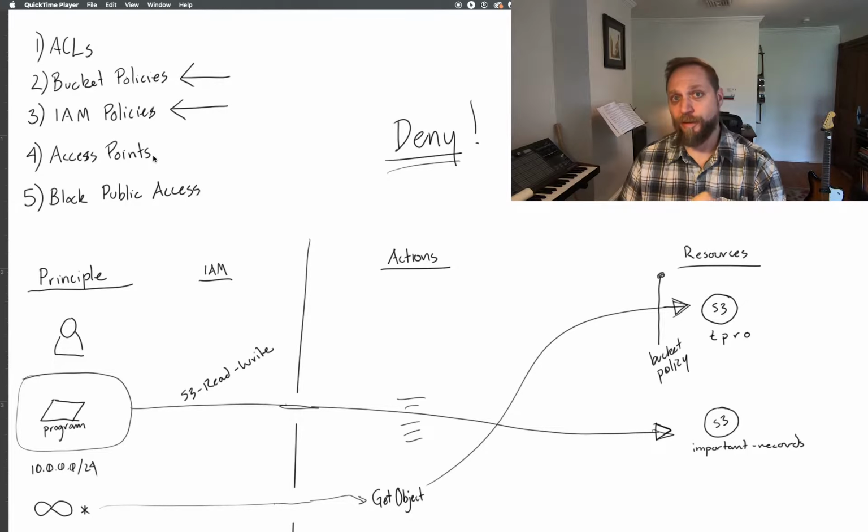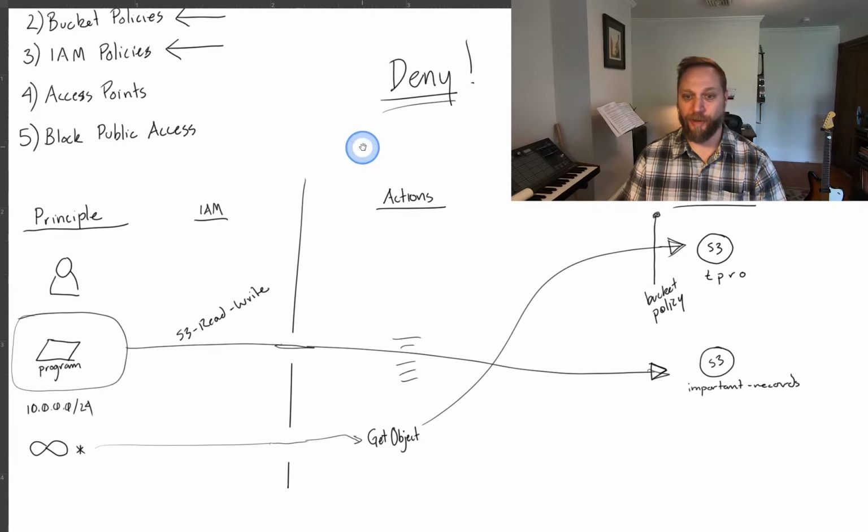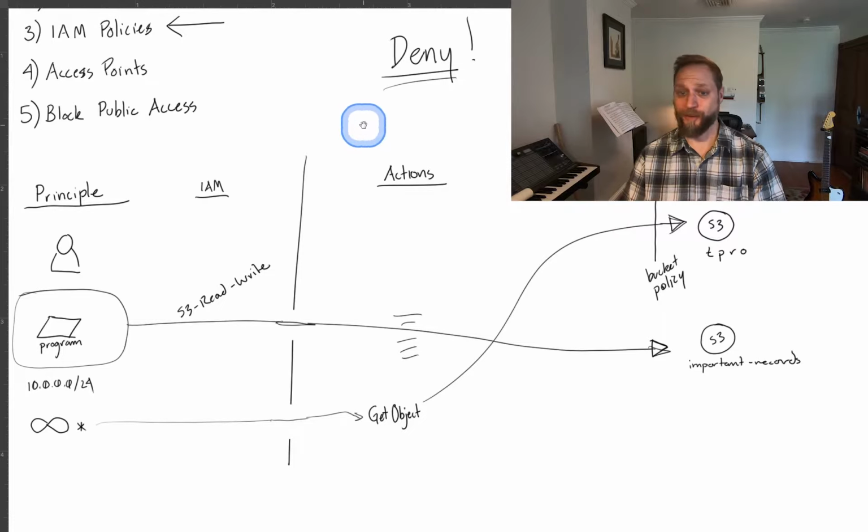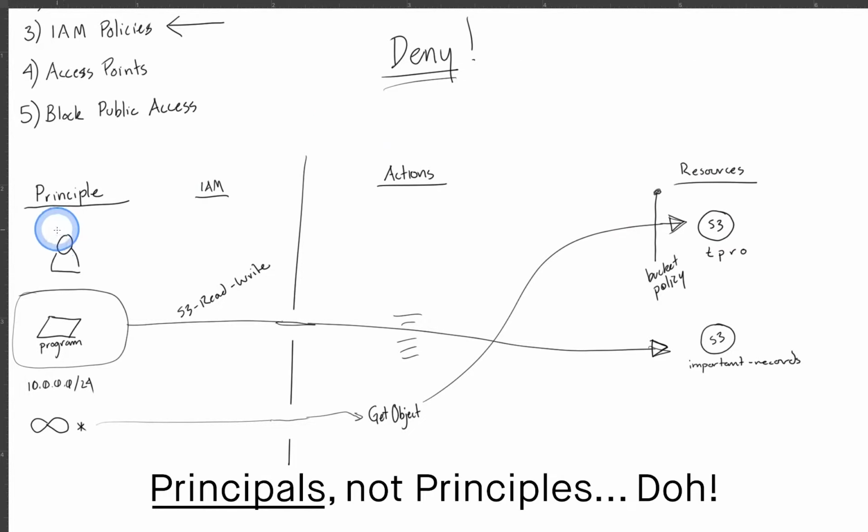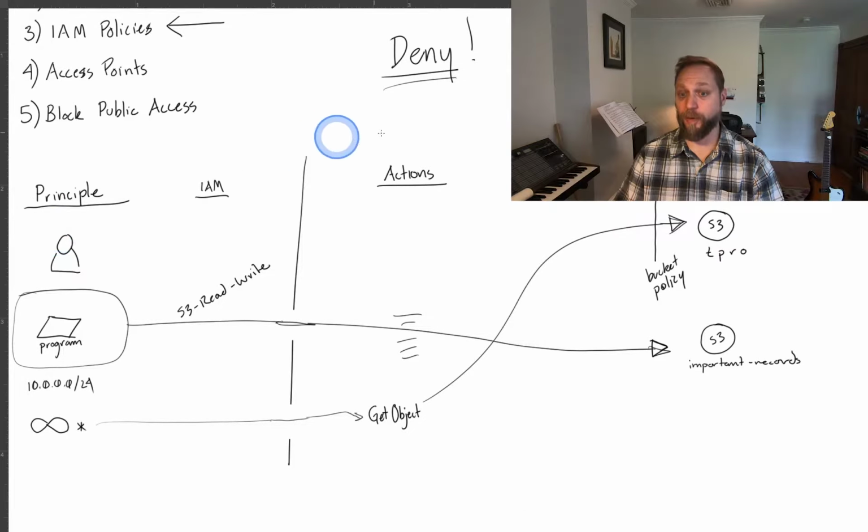A reminder on what we're talking about in terms of the actual functioning on the cloud. I'm going to scroll down a little here on the whiteboard. We're talking about principals being able to perform actions on resources.